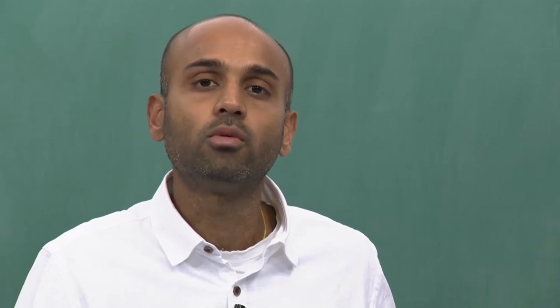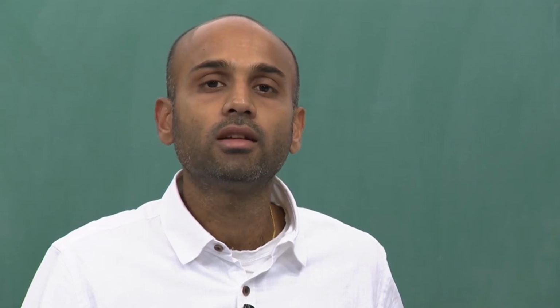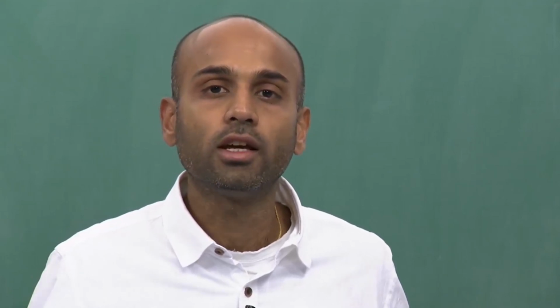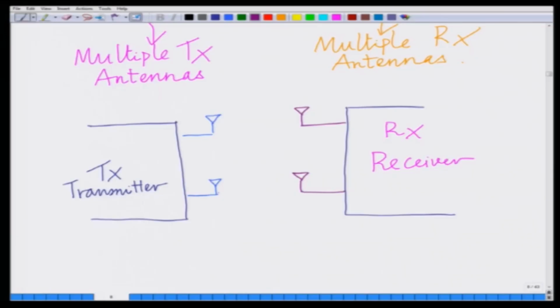This is known as a 2 cross 2 MIMO system. If you have R receive antennas and T transmit antennas, it is known as an R cross T MIMO system in general, right.